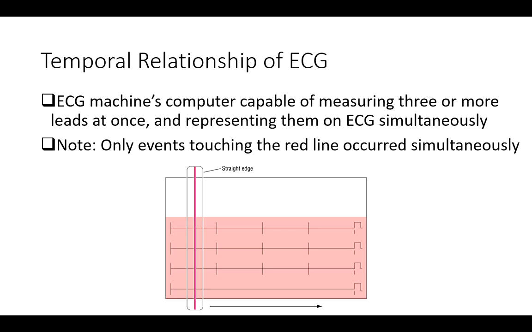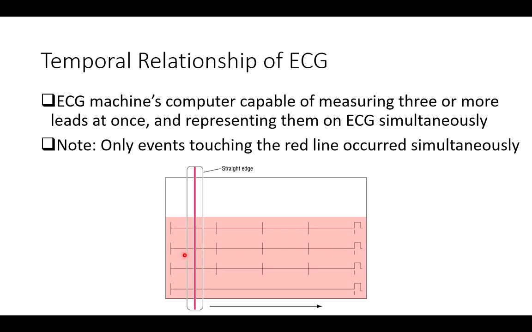So anything that happened at that point in time, you could look up or down the red line and say, what was also occurring at a different perspective. Now that means that if you saw something that happened here and you said, gosh, I wonder what's happening over in the precordial lead, you'd have to wait for the rhythm strip to print out what was happening over on this side, understanding that it may be another 10 seconds until you get to that.